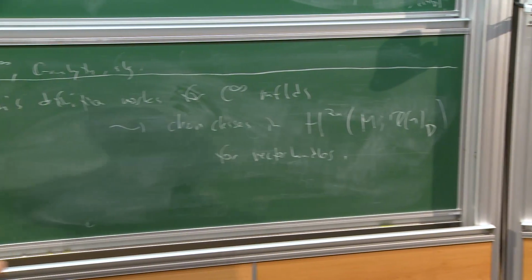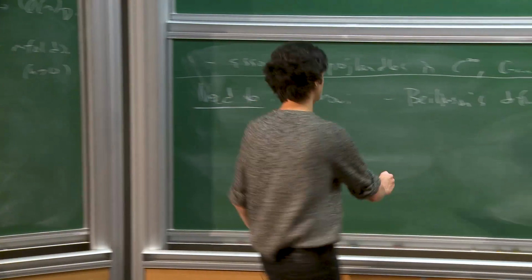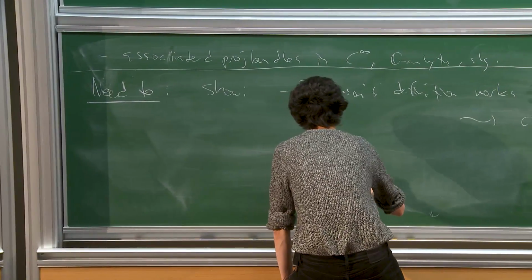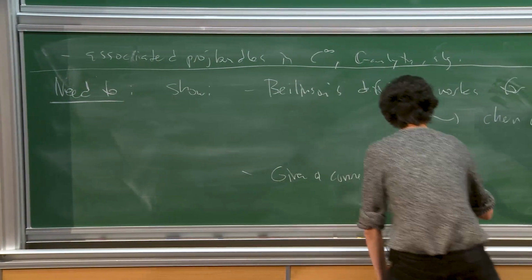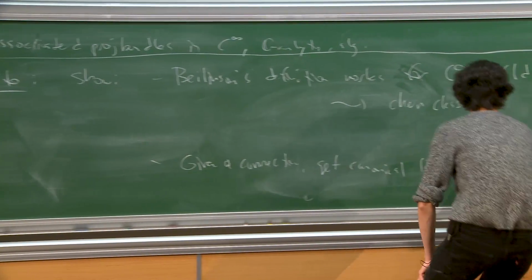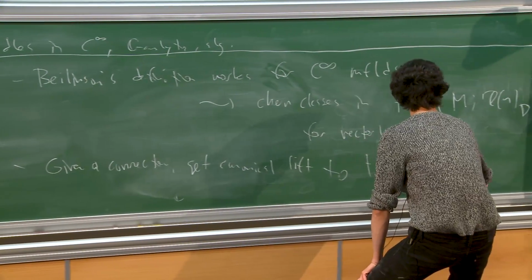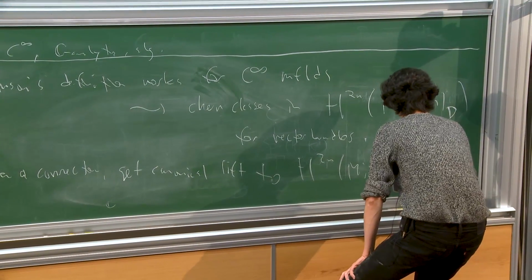and then we need to show that given a connection, we get a canonical lift to H^2n of Z(n)_D nabla. Oh no, not 2n, sorry, Z(n)_D nabla.